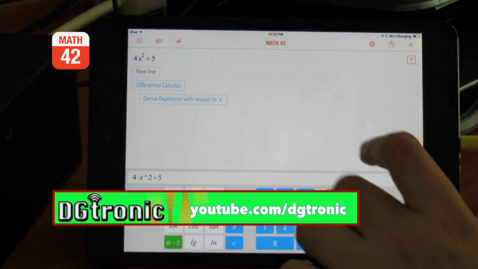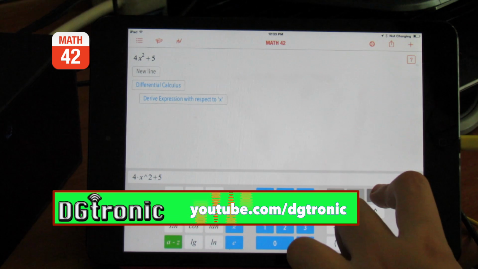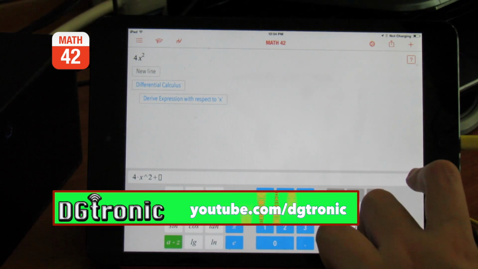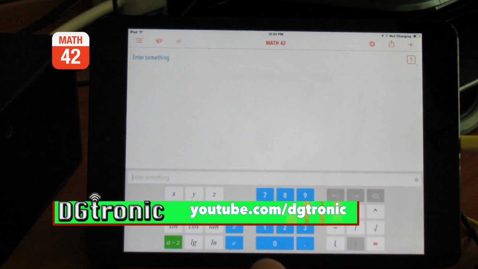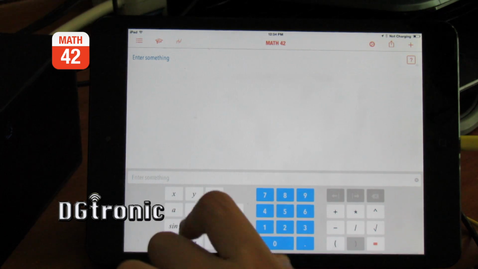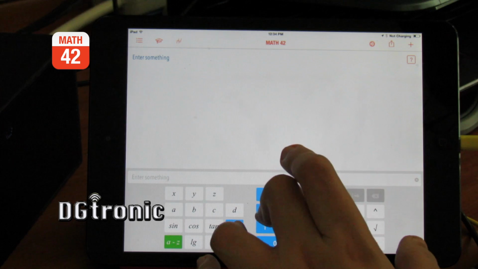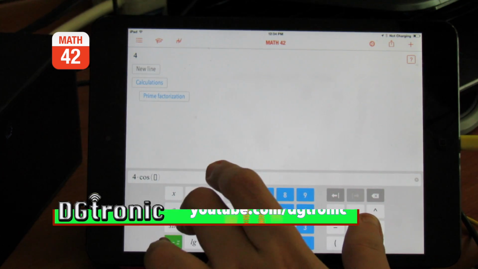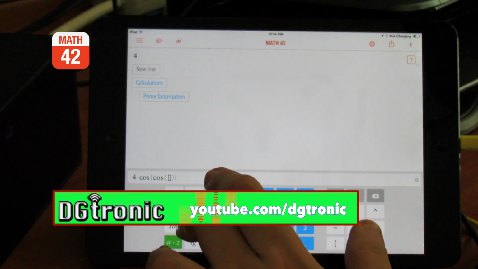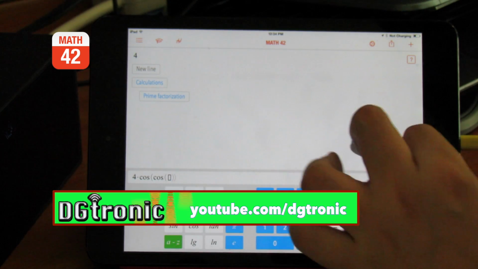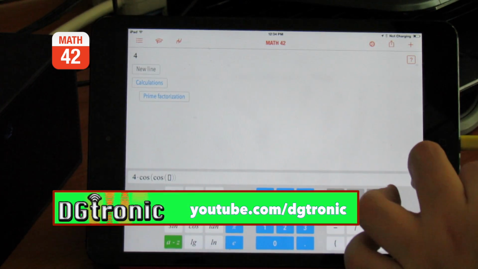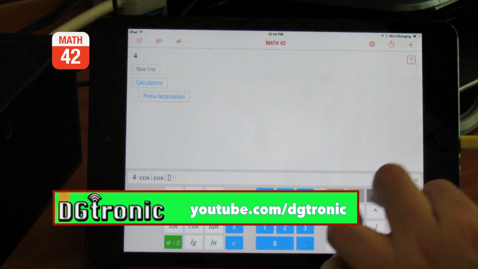Okay, let's do the cosine and sine thing really quickly. For cosine. Oops. Did that twice. And now it won't delete.